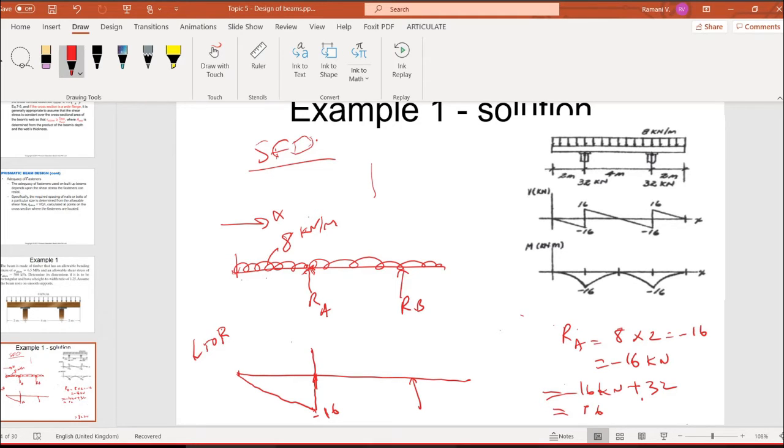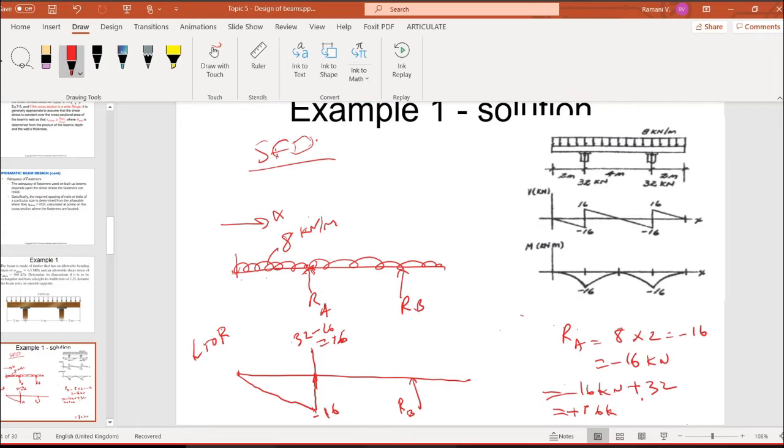Positive 16 kilonewton, and then join this one because there is a reaction, right? RB, let it be RB. There is a reaction at this point. So once I reach positive 16, 32. Actually, this is 32 at this point. Better write down 32 at this point. But minus 16 will be my positive 16.